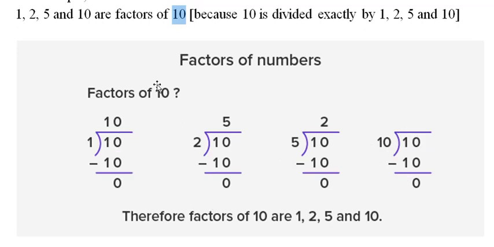So if any number can divide it exactly, they are known as factors. For example, 4 or 3 or 7, 6, these numbers cannot divide the given number 10 exactly. Hence, we cannot say that they are the factors of 10. So factors are those numbers which can divide a particular given number exactly.